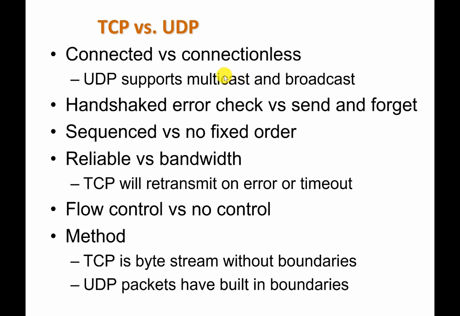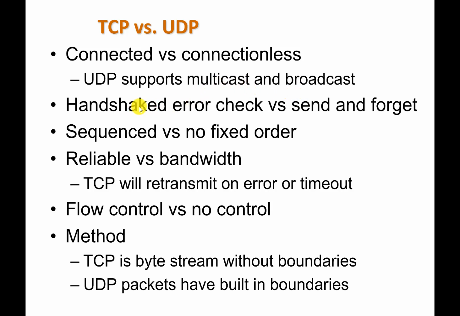Whereas with UDP, there's no connection. You basically send information to an IP address and off it goes. And because there's no connection, UDP supports multicast. In other words, you can send to multiple destinations, or you can receive from multiple sources.